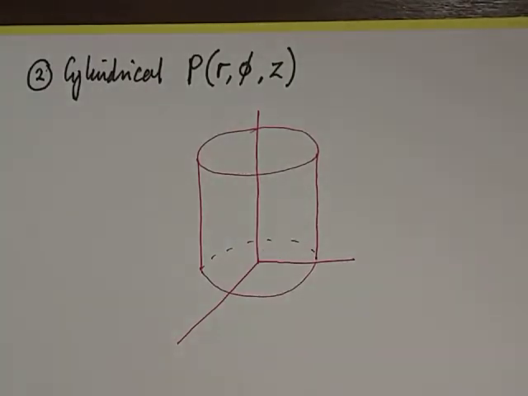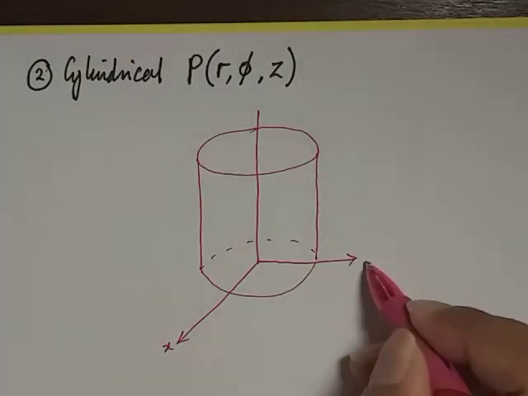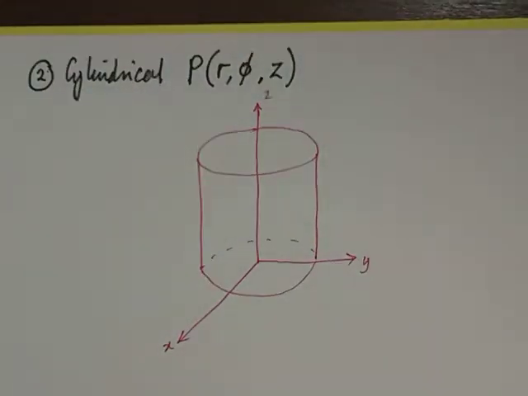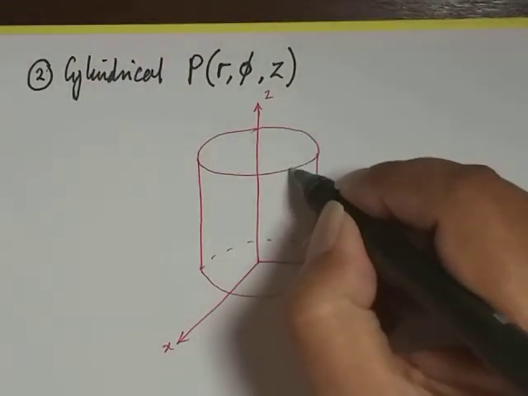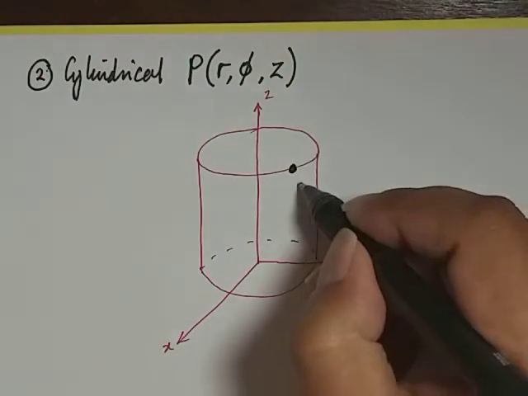Okay, that should be ours. So let's make it consistent, just having the x-axis, y, and z. So point P is the point that we showed earlier to be located here. So that should be our point P.